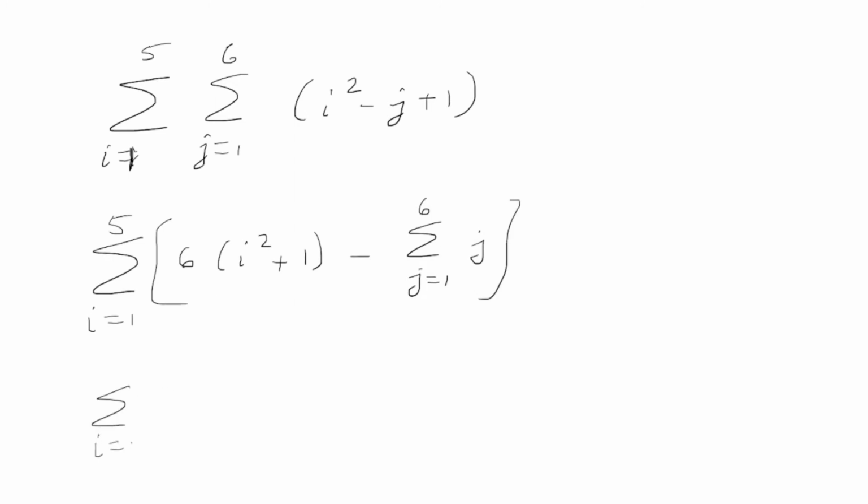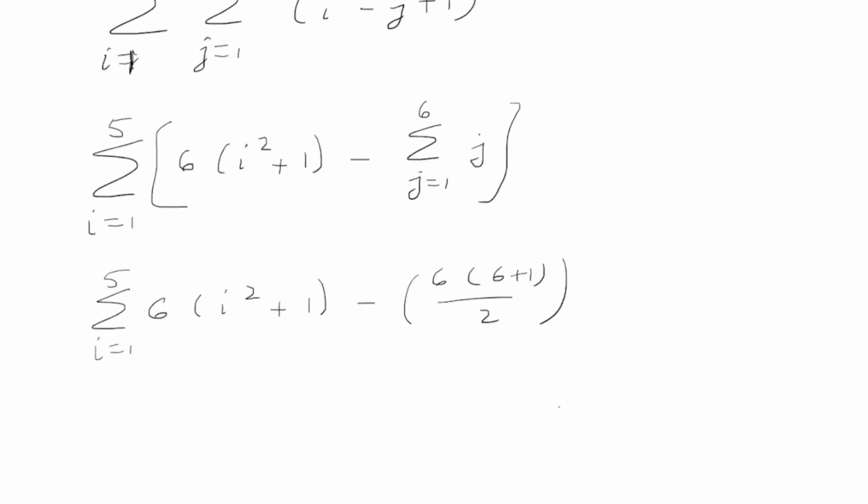Now we're going to use the formula, and we're going to end up factoring out the 6 in just a second. So this formula will just be 6 times 6 plus 1 over 2. Now I can simplify this.